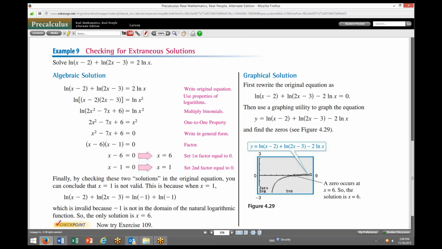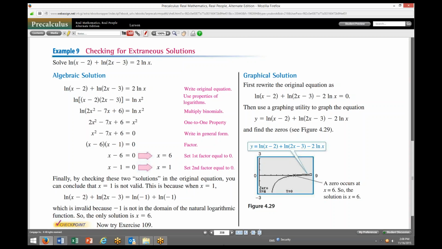So actually, this is one we're not going to convert into exponentials, but we're going to have an issue with extraneous solutions. So let's go through this. Natural log of x minus 2 plus natural log of 2x minus 3 equals 2 times natural log of x. Well, first off, on the left side of the equation, I want you to notice natural log of something plus natural log of something is very much like what we had in the previous section, properties of logarithms, that the logarithm of something times something is equal to the logarithm of the first something plus the logarithm of the second item.